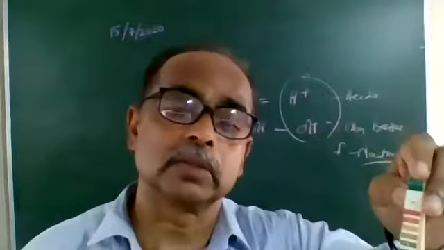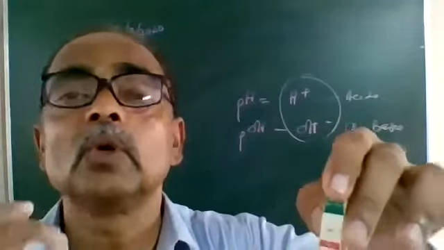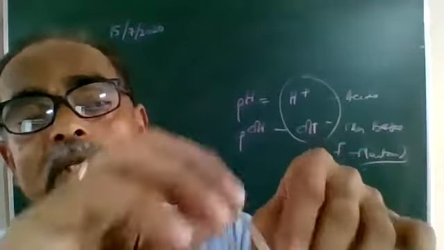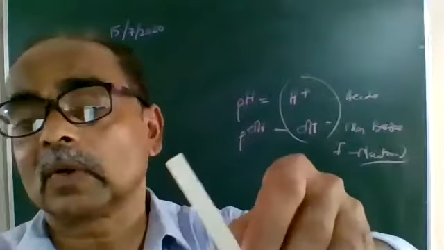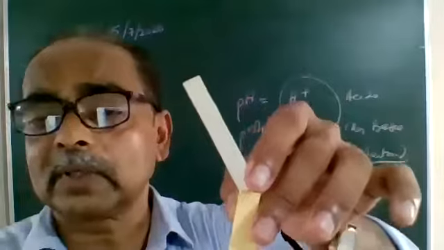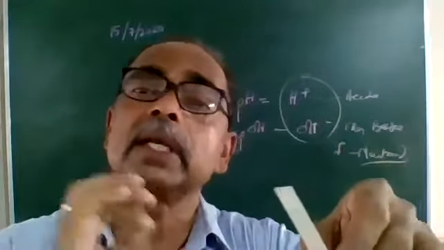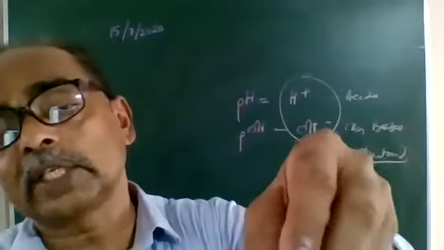Only that much you have to do. The solution whose pH is to be found out, put it on this and see the color of the pH paper. Onto the pH paper, you put a drop of solution, the color of the paper changes immediately, and then you match it.